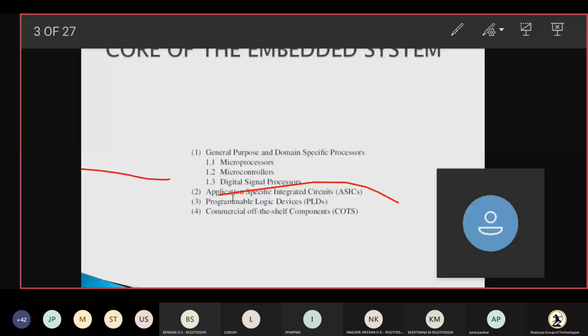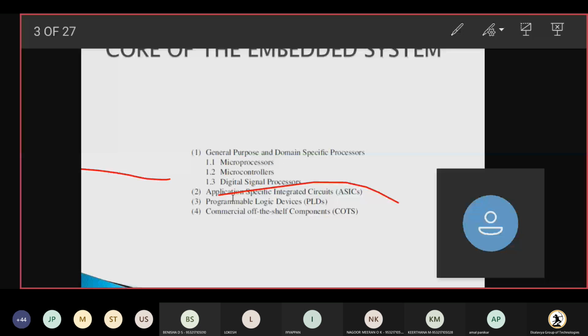After that, we have one more thing, which is called COTS, a commercial off the shelf component. What is the meaning of this? We need to have only limited analog circuits, specific to a particular application.